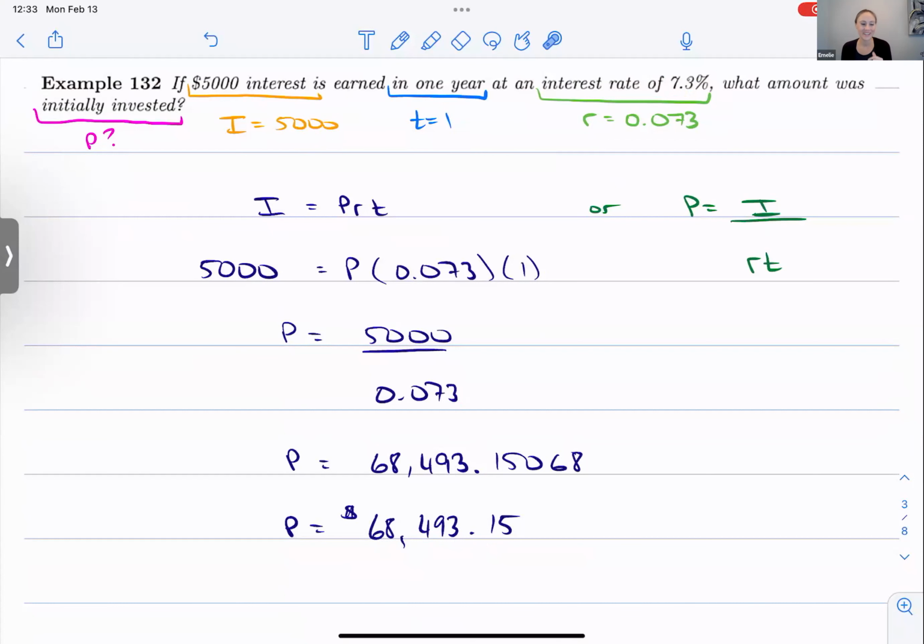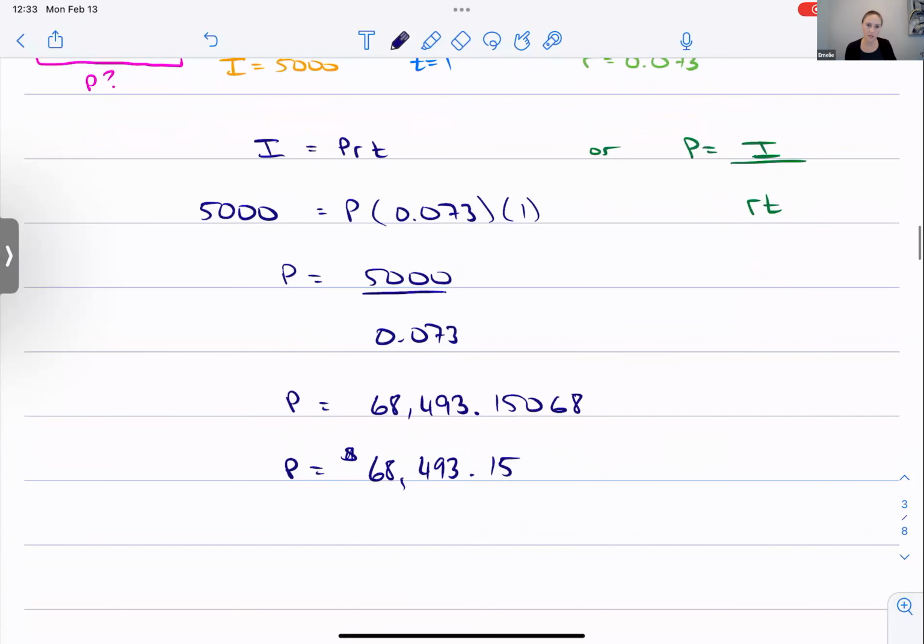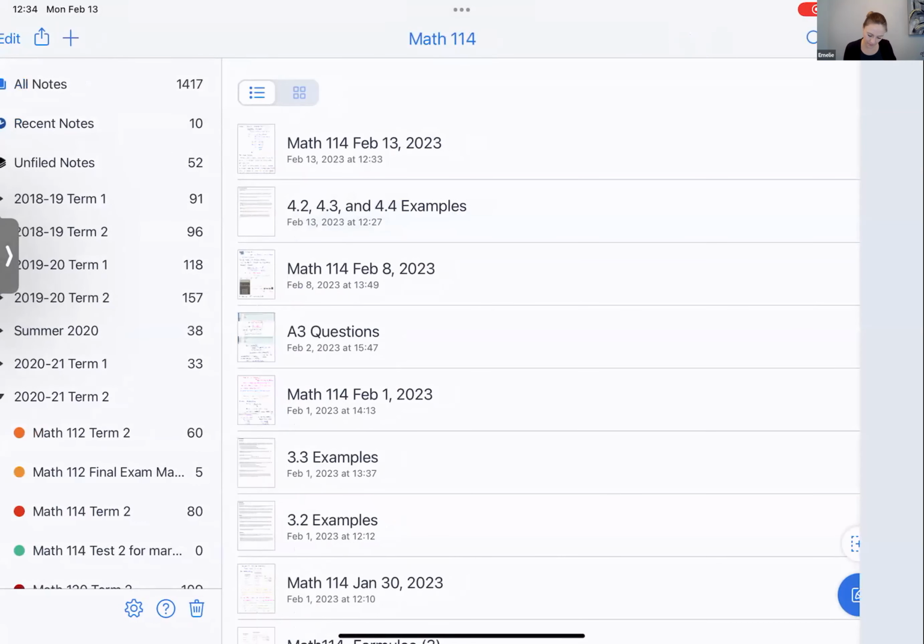If you do, let me know. But that's what we're calculating, if you flip it. Okay. So we're just going to use this formula to solve for the different components here. So we can solve for I, we can solve for P, we can solve for R, we can solve for T, right? And so here's another example.